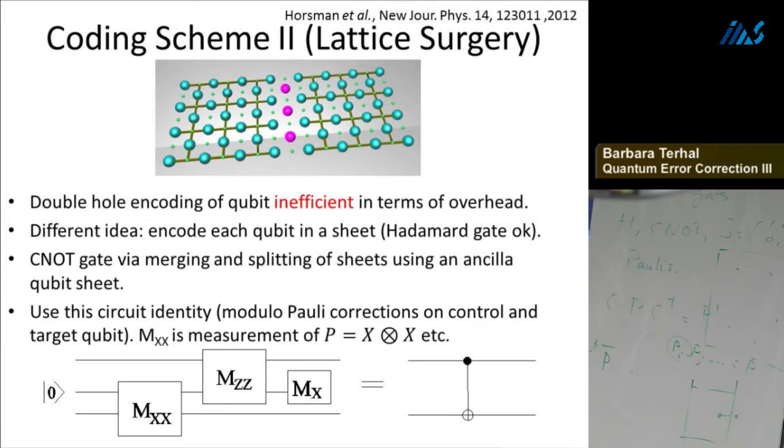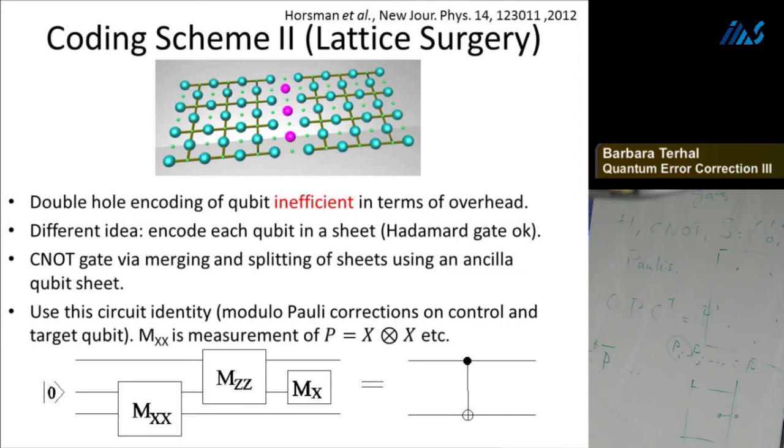So, we use this circuit identity. This is not in that paper, but I think this is a better way to understand it. At least I didn't understand what they were doing. This circuit identity is actually an exercise in verifying.